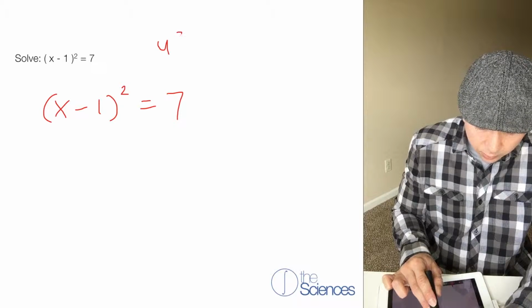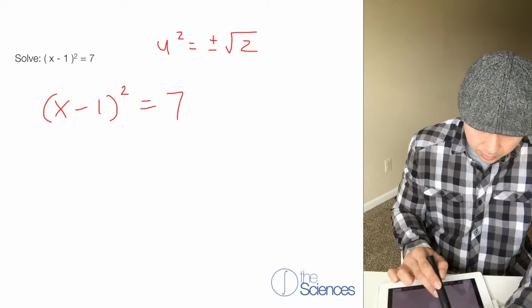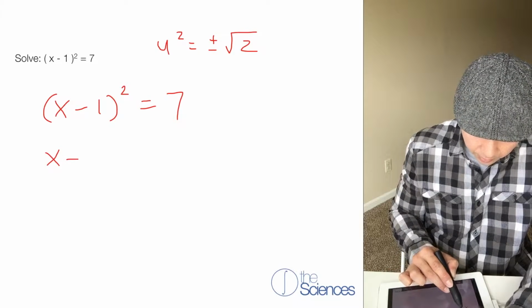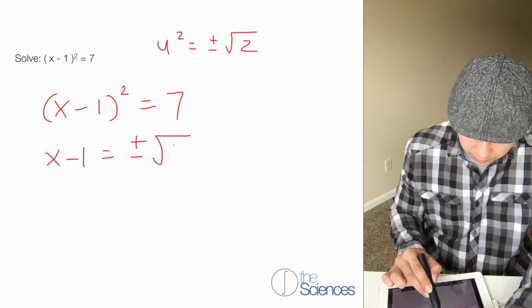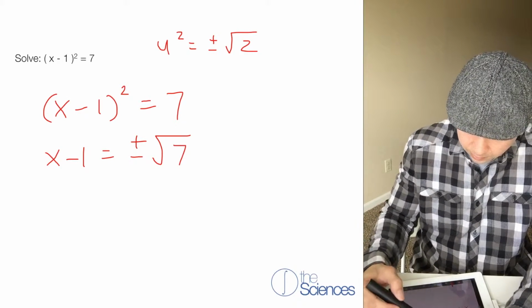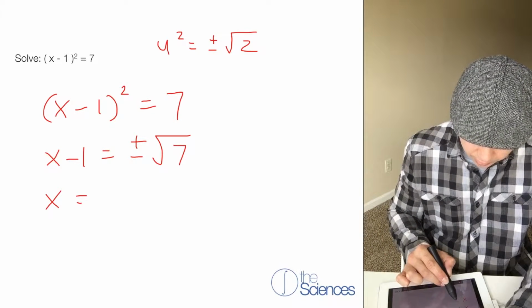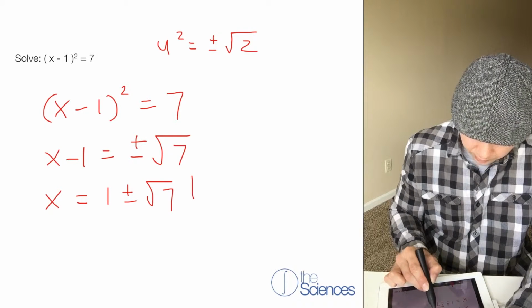So if u squared equals d, then that means that x minus 1 equals plus or minus the square root of 7. So now if we move 1 to the other side, we get 1 plus or minus the square root of 7.